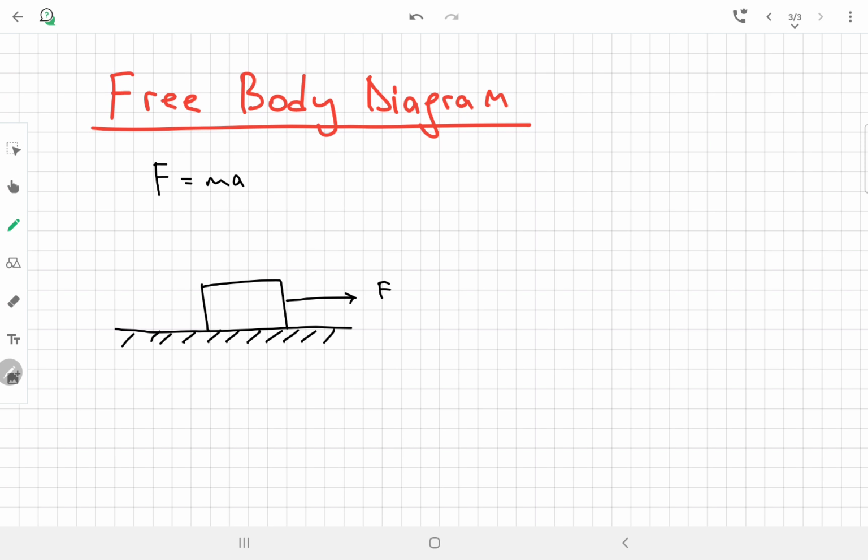So only one force is given, and we need to solve this problem. Before solving it, we should draw the free body diagram. Basically, how many forces are acting on this object? In this simple example, we have 3 forces, of course, if we ignore the friction force.